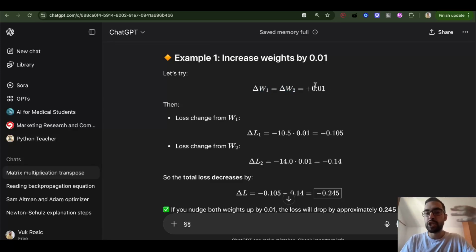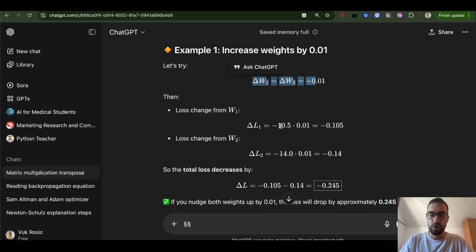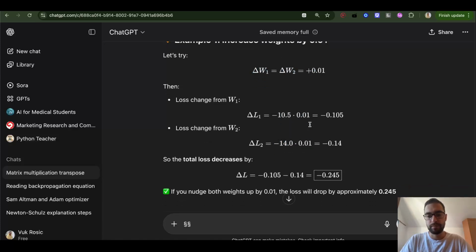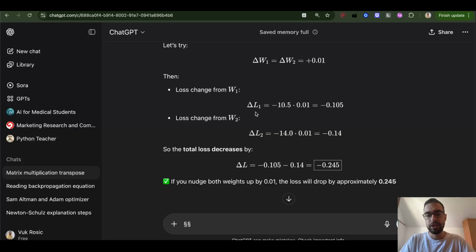We can change just one, or we can change them with different numbers, but let's see what happens in this case. So we just multiply the rate of change for both of them. Changing the first one by adding this will decrease the loss by this amount, and the second one will decrease the loss by this amount. So in total, the loss will be decreased by the total amount of both of them.